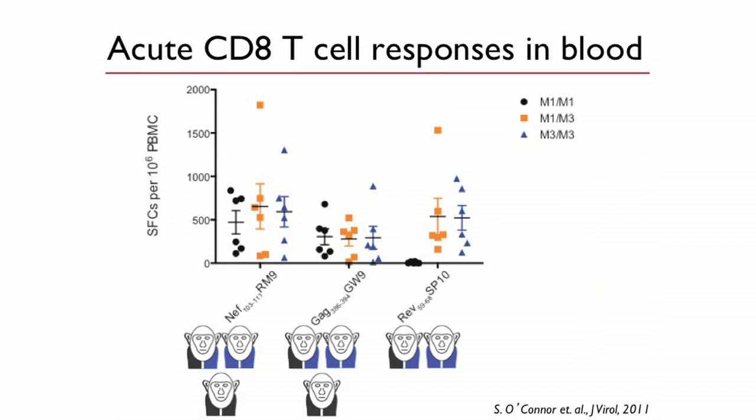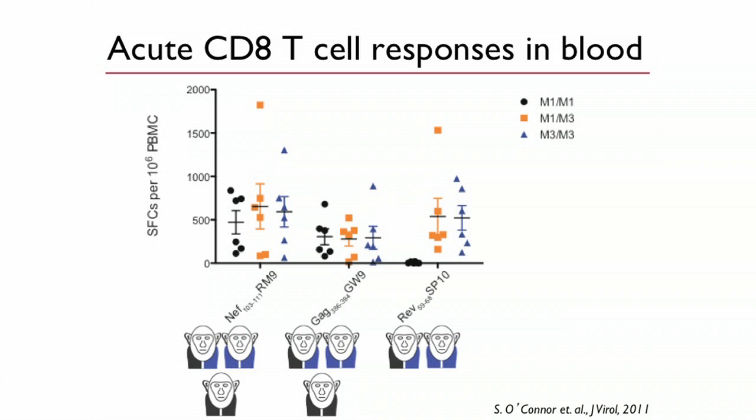So we first wanted to see whether these animals were making T cell responses to these different epitopes as we would predict. And you can see here that the animals are all making T cell responses to the NEF RM9 epitope and to the GAG GW9 epitope as well, but only the M3 containing animals, shown again in orange as the heterozygotes and blue as the M3 homozygotes, are making T cell responses against the SP10 epitope.